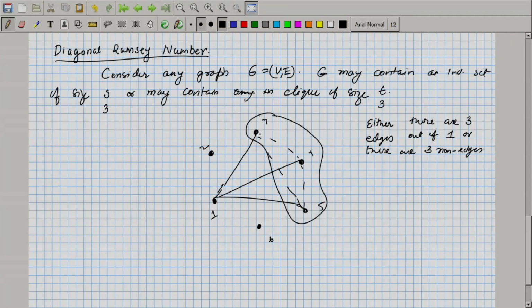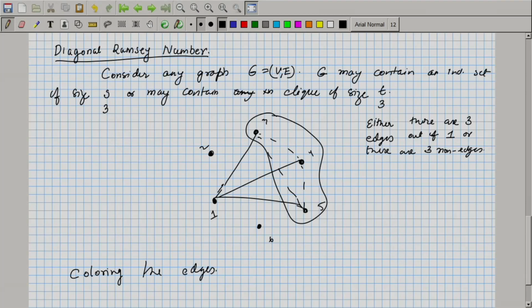This tells us that if you take any graph with 6 vertices or more, it will invariably contain a clique of size 3 or an independent set of size 3. We will generalize this, okay, and instead of talking about independent sets and cliques, we will talk about coloring the edges.